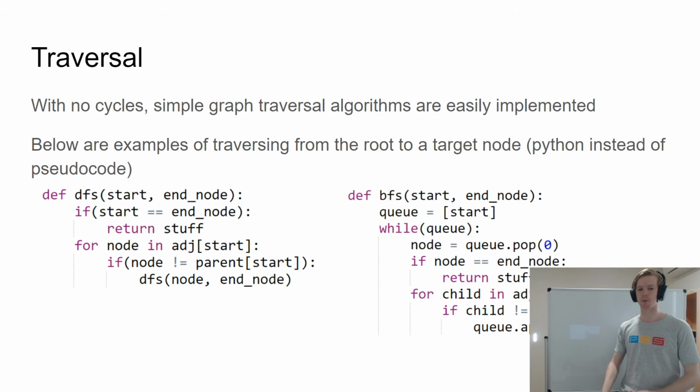If it is the parent, then we don't search that node, but we'll search every other node in its adjacency list. Because by the nature of the tree, the only connection that we would have visited is the parent of that node.